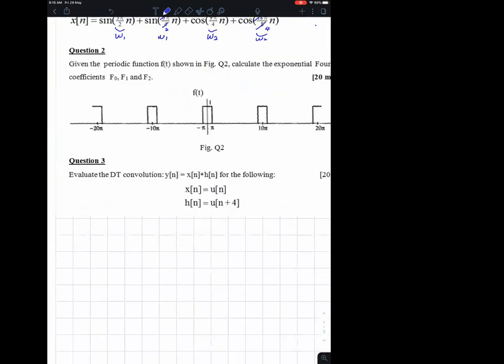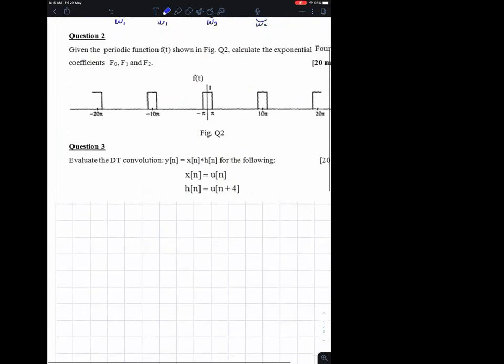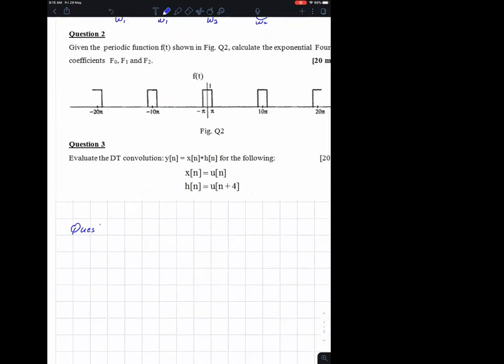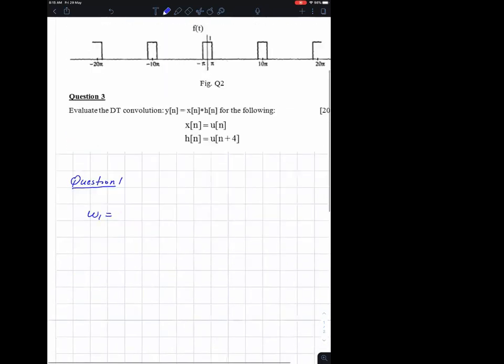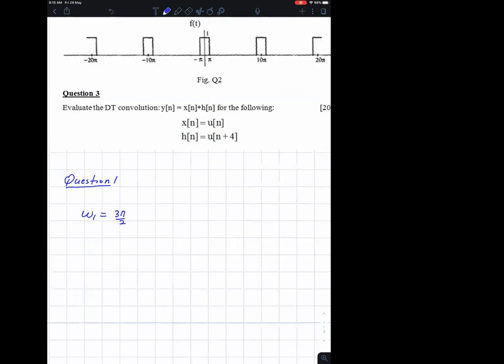Omega 1 is 3/2 pi. Sorry, 3 pi over 2. And T1 is 2 pi over omega 1, which is 2 pi over 1 multiplied by 2 over 3 pi.